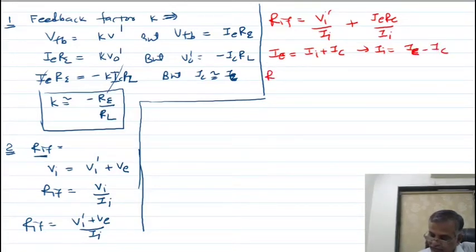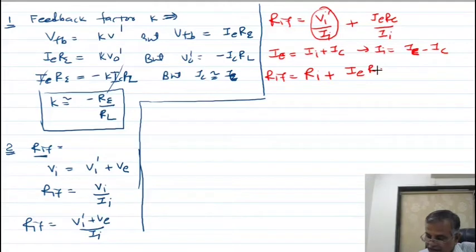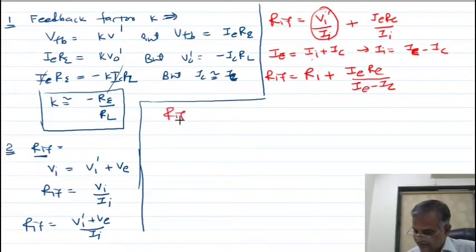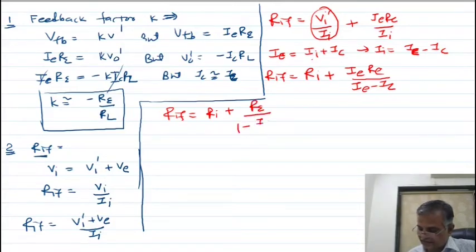Put this value here. VI dash upon the current is the input resistance RI. This is the emitter current. This is nothing but the RE upon what is I. This I, I would write as emitter current minus collector current. So I can write RI plus RE upon 1 minus IC upon IE.